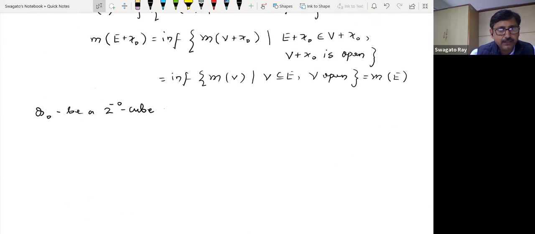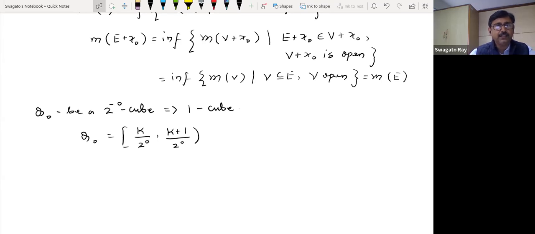What does this mean? This is actually a 1 cube. So what does it look like? Q0 looks like K by 2 to the power 0, K plus 1 by 2 to the power 0. I know I'm writing something funny, but it is just to make things identical with this. That means instead of natural numbers, now I am using 0 union natural numbers.